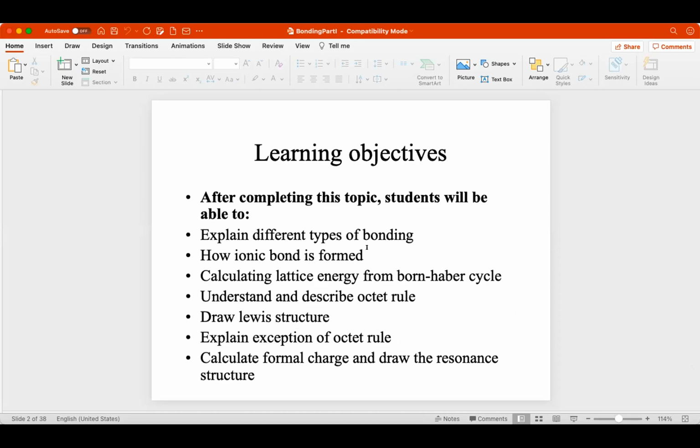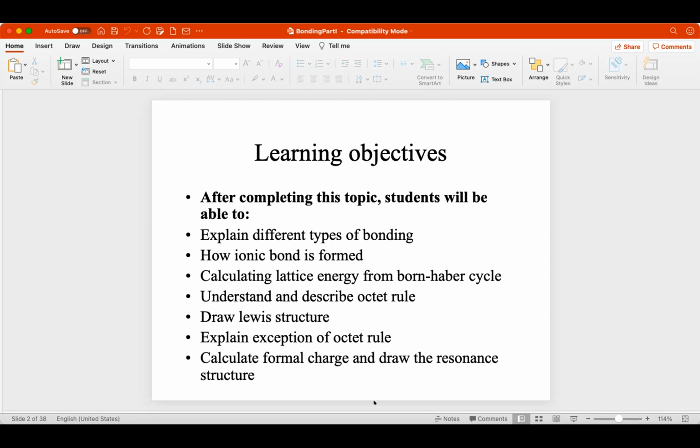I didn't discuss how to draw Lewis structure for ionic bond. Most of the time we draw Lewis structure for covalent compound, but you must know how to draw Lewis structure for ionic compound. I repeat, you must know how to draw Lewis structure for ionic compound. So please check back, okay?